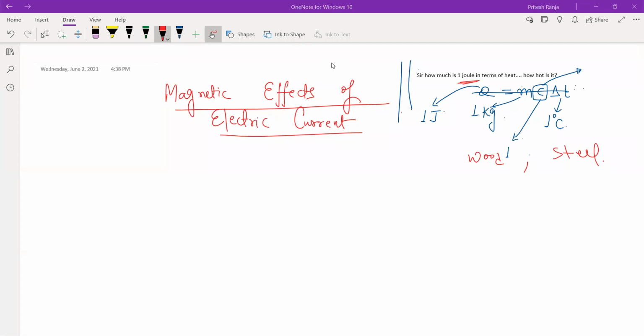Okay, let us start with magnetic effects of electric current. In the last unit, we talked all about electricity, the rate of flow of charge.